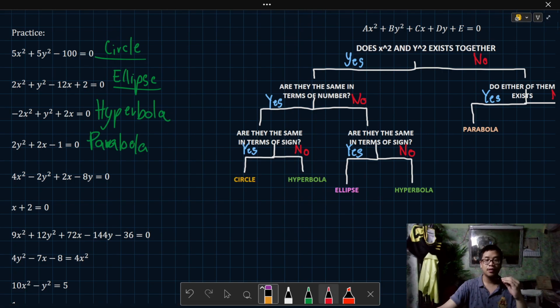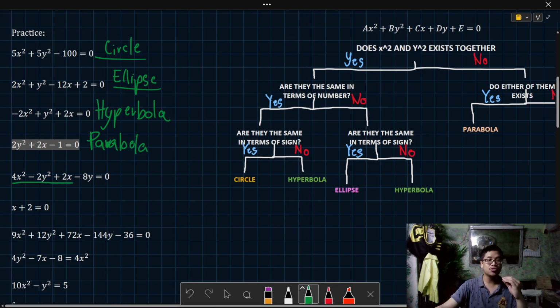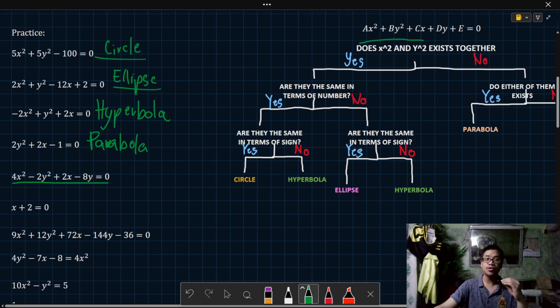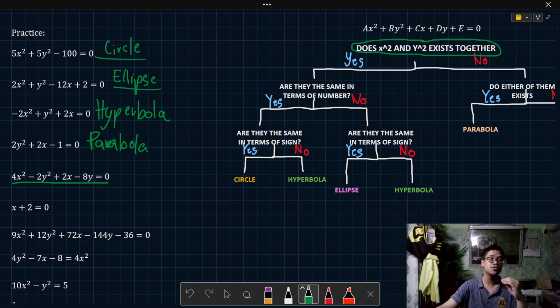Next, we will proceed to another problem. We have 4x squared minus 2y squared plus 2x minus 8y is equal to 0. Still the same thing, you start from the top. Do x squared and y squared exist together?